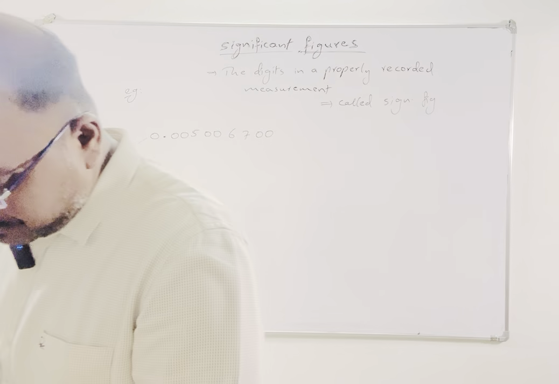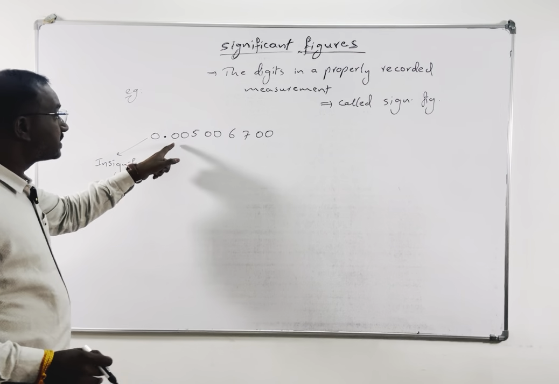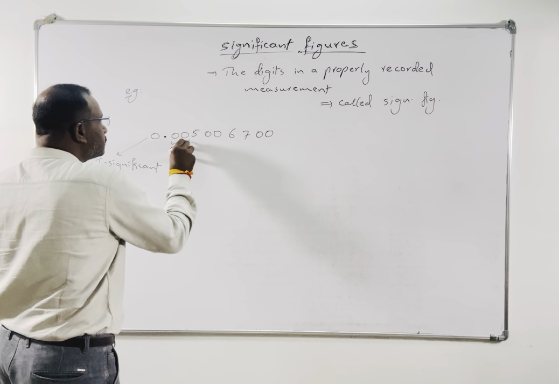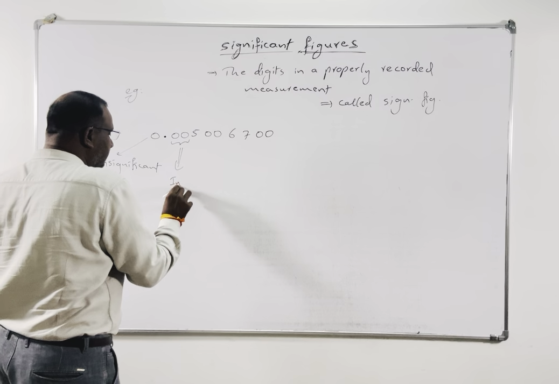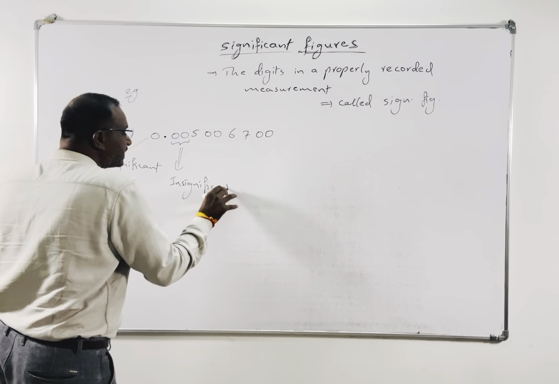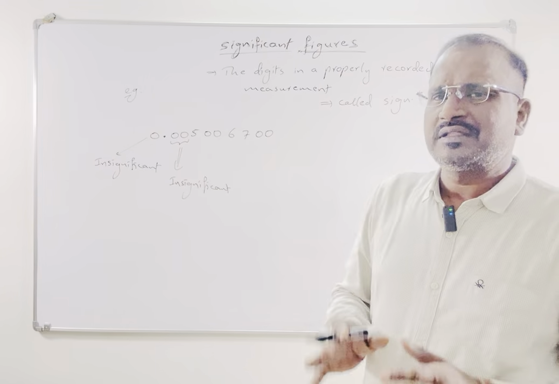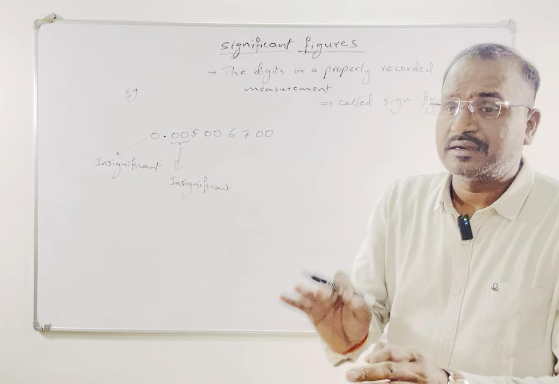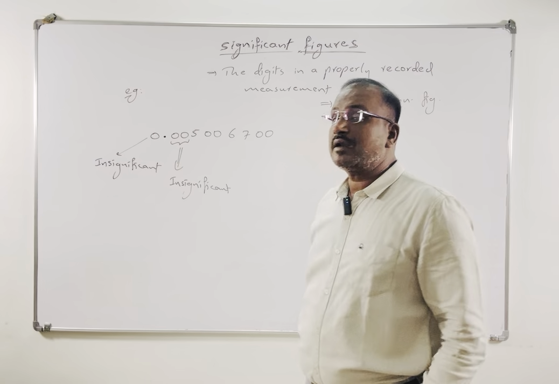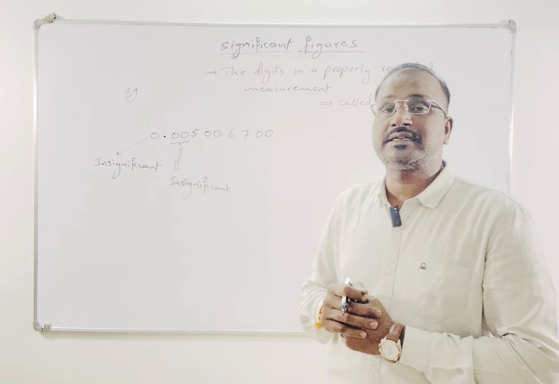Insignificant. And the zeros after the decimal point also, these two also are insignificant. We should not consider these. If non-zeros are there, like 1, 2, 3, 4, they are significant. If zeros are there immediately after the decimal point, they are insignificant. Before the decimal point, if zero is there, that is insignificant.